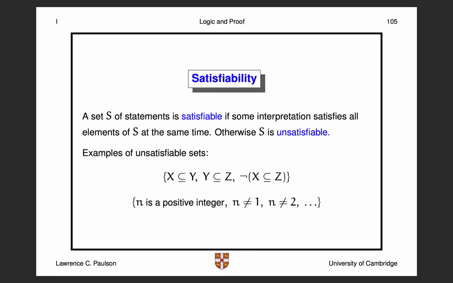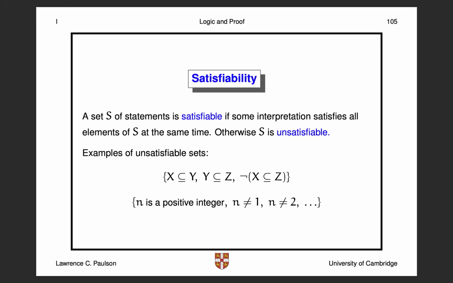More interesting is the second example. So suppose we have an infinite set where we have, on the one hand, the assertion that n is a positive integer, but also in the set that n is not equal to 1, not equal to 2, not equal to 3, and so on for all the possible positive integers. Then clearly it is impossible for all of those things to be true at the same time.